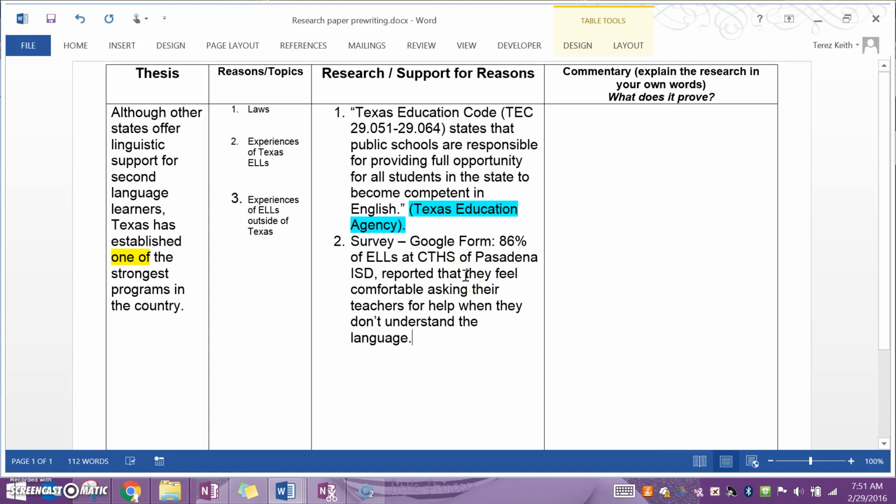That was really wonderful for me and the other teachers here to learn, that the majority of our kids at CTHS that are English language learners really do feel comfortable raising their hand or taking their teacher aside and asking for help. So I think that went really well to prove my thesis, that Texas has a strong program for ELLs, and it backs up my research on experiences of Texas ELLs.